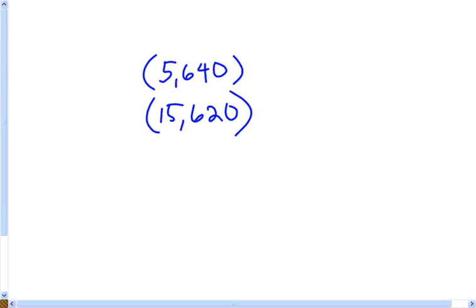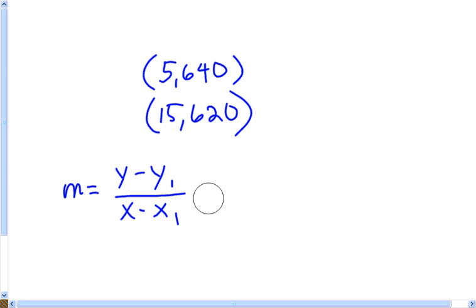To find the slope, we would use this formula. The slope is y2 minus y1. Well, we have to subtract two y coordinates, and then we have to subtract two x coordinates, and then divide those. And in this case, we can substitute for the slope.